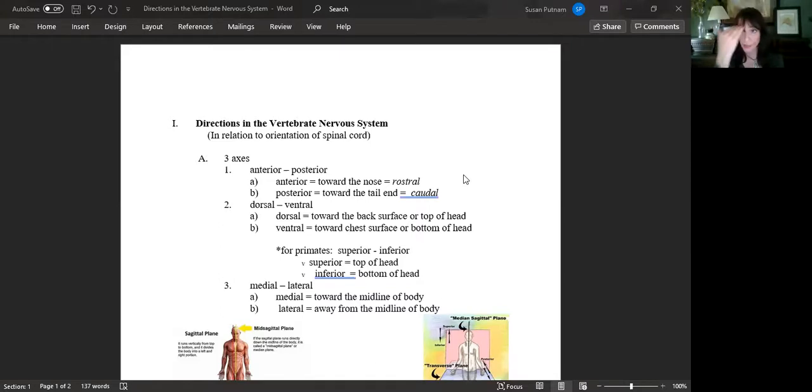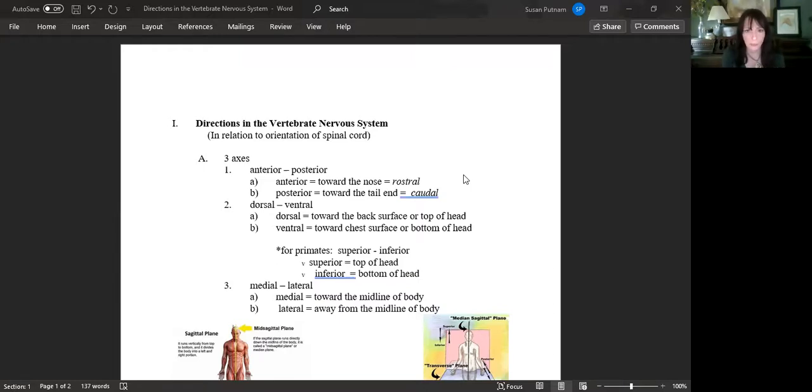So if I said ventral part of a brain, it would be this way, okay? Whereas if I said dorsal part of the brain, it would be going up towards the top of the head.